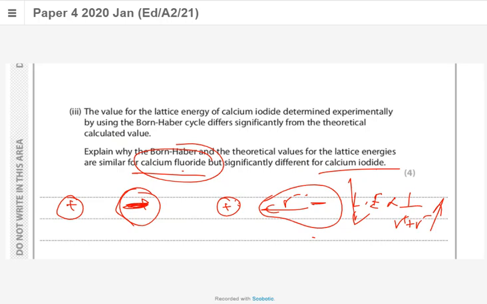Fluorine is less polarizable compared to iodine.